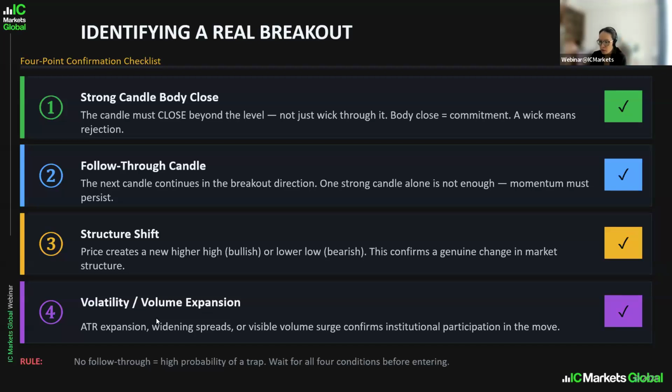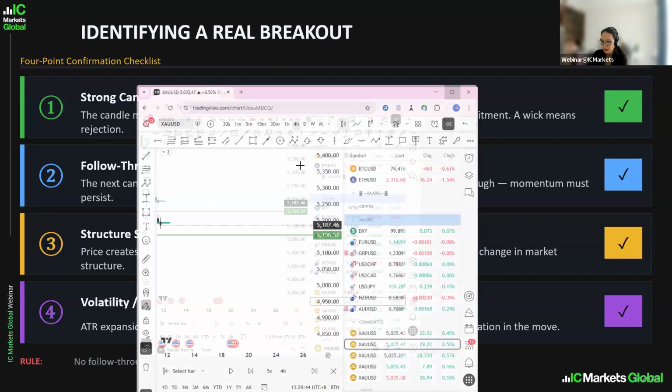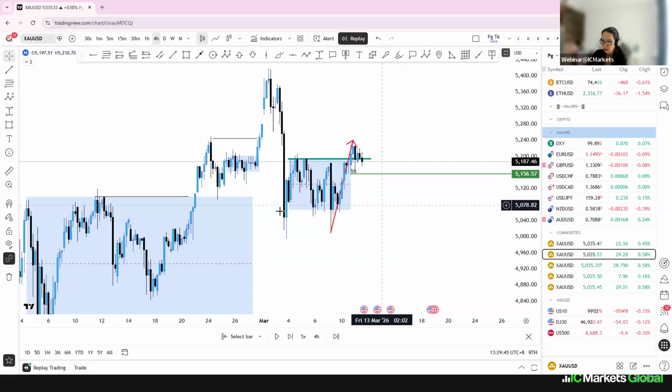Volatility and volume expansion: ATR expansion, widening spread or a visible volume surge confirms institutional participation in the move. So basically, if you look at the chart in the higher time frame and you see a strong candle body close that pushes price to break above the key level, we already know that institutional players are in the market, which is this candle.